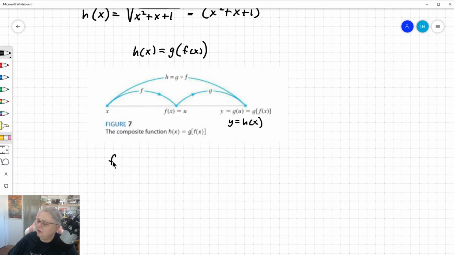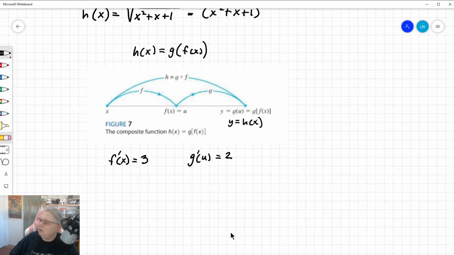So that is f prime of x, and f prime of x would be 3. And let's say, for example, that g changes twice as fast as u. So g prime of u, twice as fast, would be 2. All right, so I have a way of writing those rates of change.